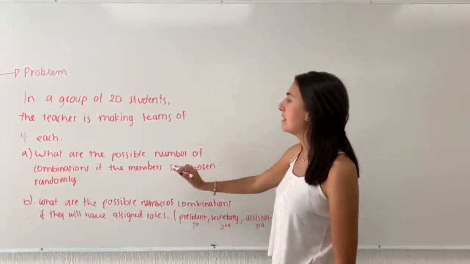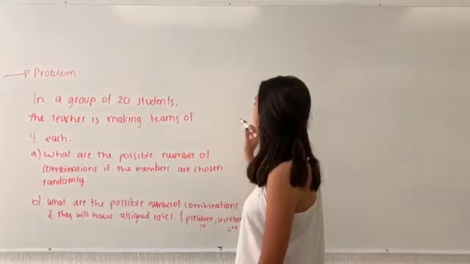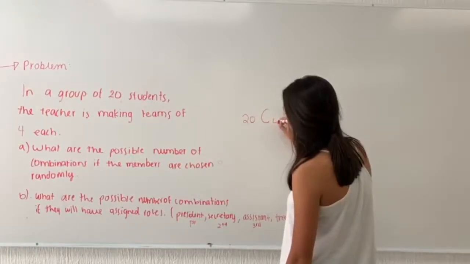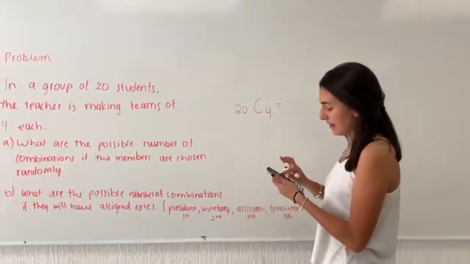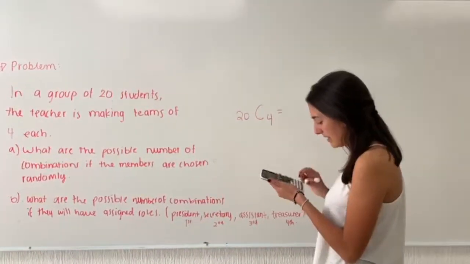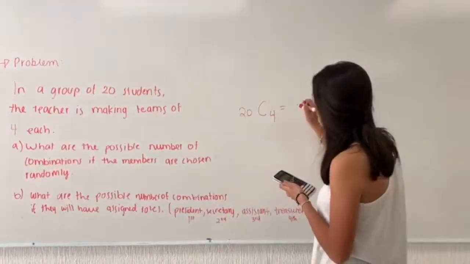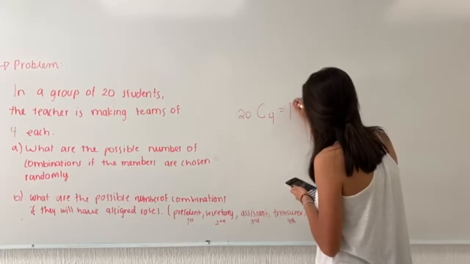In the first question, since we have 20 students and we're going to make teams of 4, we would do 20 combination 4 in each group. If we put this in the calculator, it would give us 20 combination 4, which is 4,845.